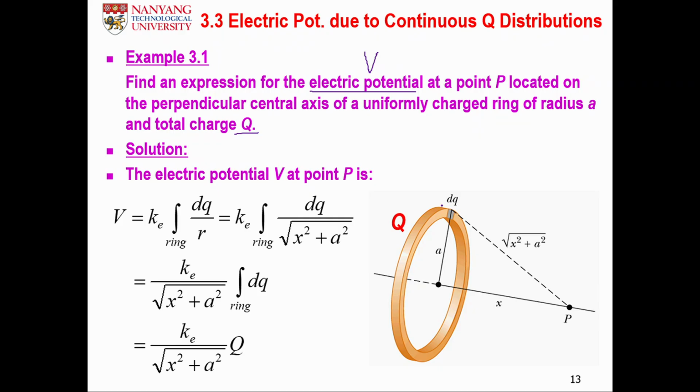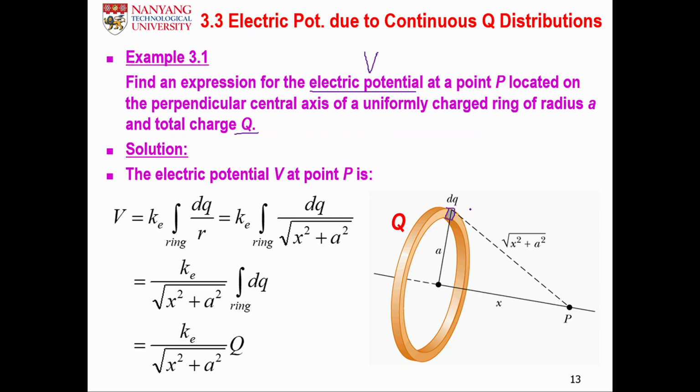Of course, the entire ring cannot be considered as a single point charge. If this is the case, what we need to do is to create this kind of tiny portion, and the charge carried by this tiny portion, dq, can be considered as a single point charge.